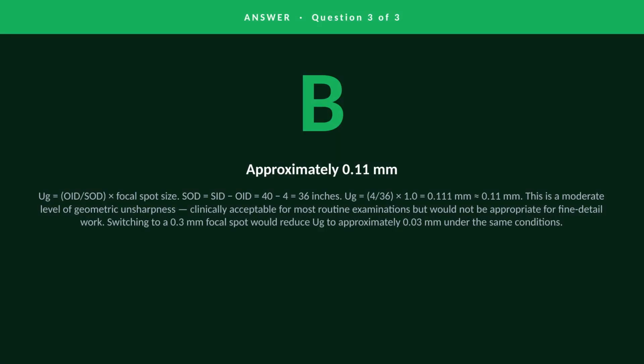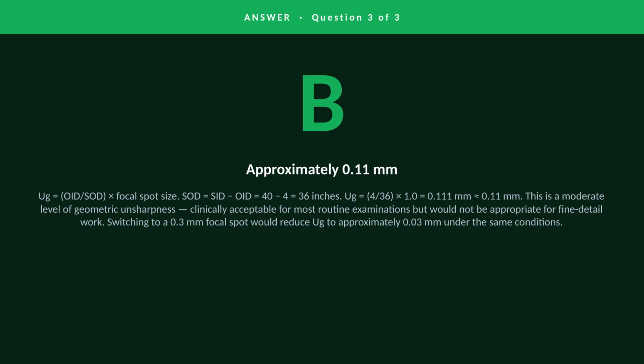The answer is B, approximately 0.11 mm. Formula: UG equals OID divided by SOD, times focal spot size. SOD equals 40 minus 4 equals 36 inches. UG equals 4 divided by 36, times 1.0 equals 0.111 mm.